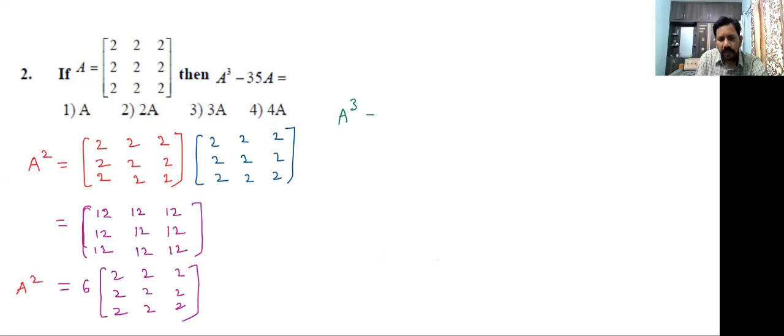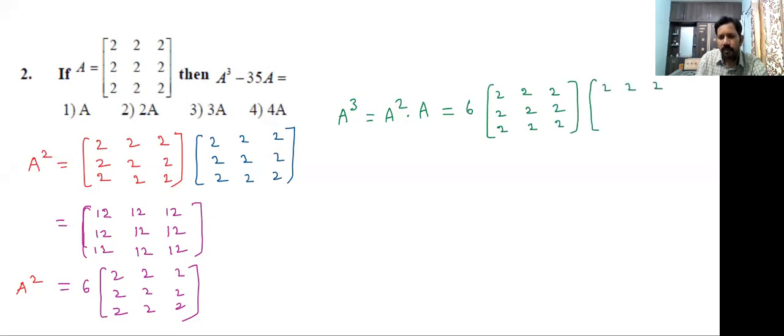A cube means what? A square into A, or A into A square. Anyone, no problem. Now, what is A square? 6 into the matrix of 2s, next again the A matrix of 2s.